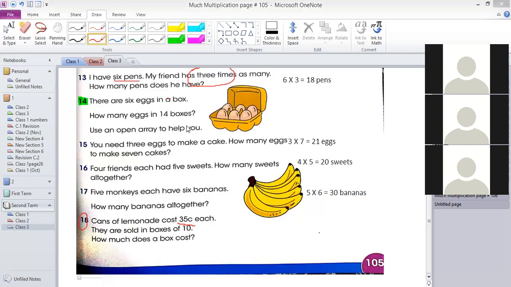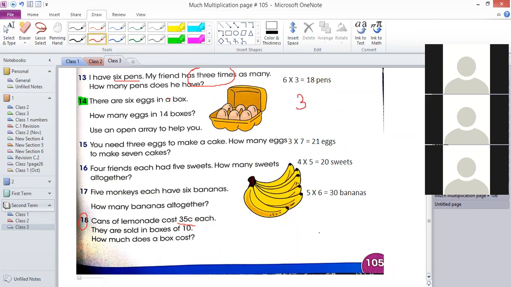All right, guys. The question is: cans of lemonade cost 35 cents each. They are sold in boxes of 10. How much does a box cost? So, guys, one can of lemonade costs 35 cents.